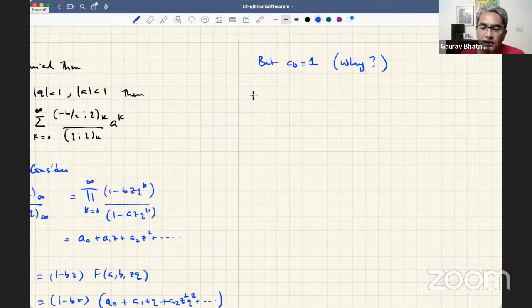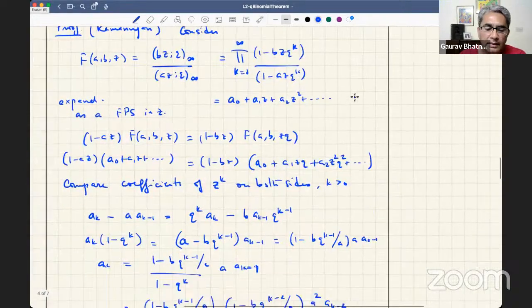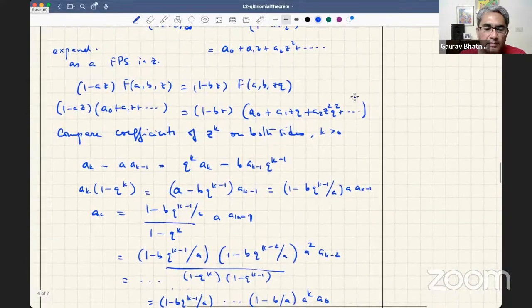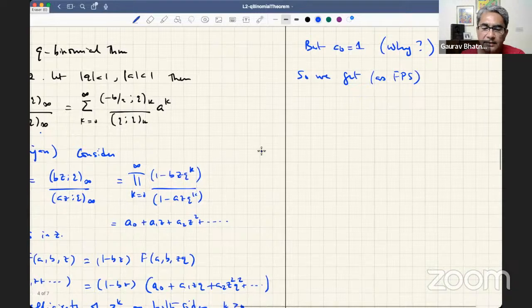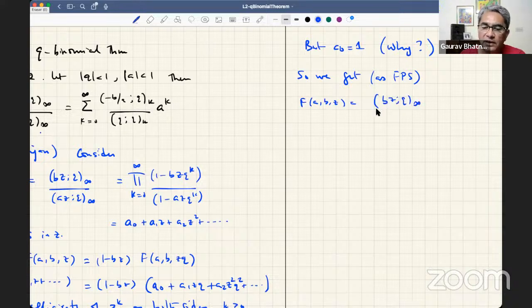As formal power series, we get F(A,B,Z), which was (BZ;q)∞ over (AZ;q)∞.